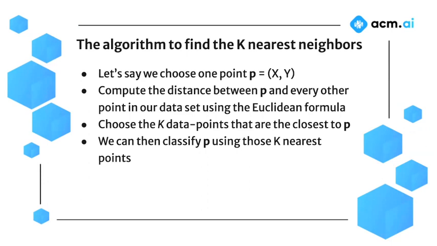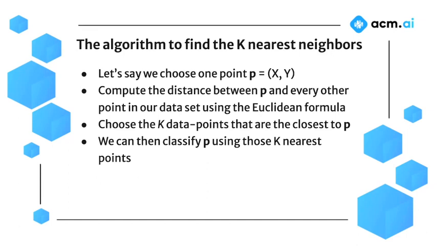Okay, so now how do you do that? We have a number, right? We have our graph and we have everyone in the graph. So how do we figure out what this new point is? So essentially, we're going to pick a point. We have its coordinates, x and y. And then we just want to see how far this point is from everyone else to determine who is the closest, because we need to sample where it is in the graph.